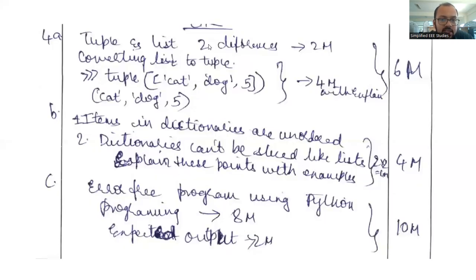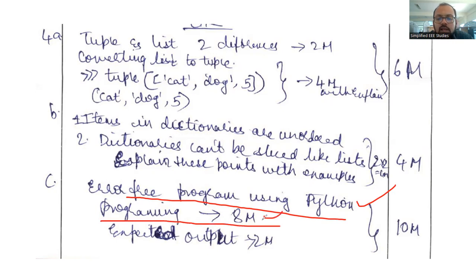Question number 4C: as you can observe, the expectation is an error-free program in Python. You should not have any logic error or syntax error. The program steps carry 8 marks and the expected output carries 2 marks. So you need to explain the program with suitable steps, which has a weightage of 10 marks.